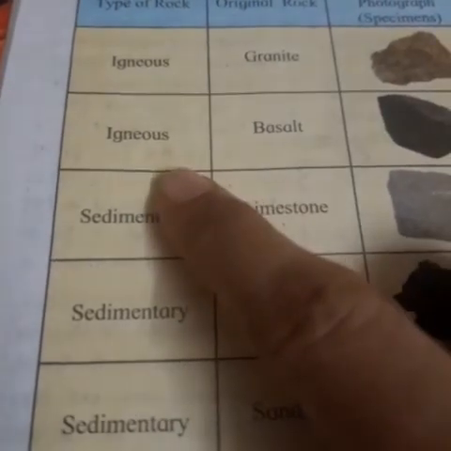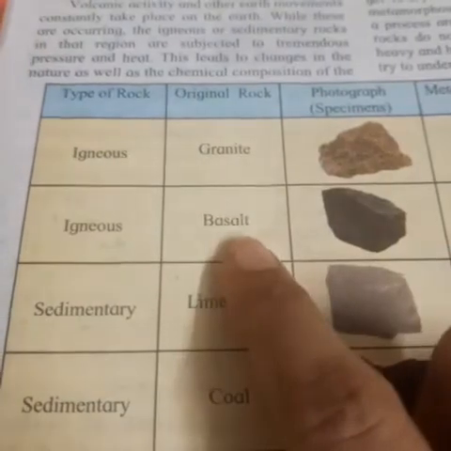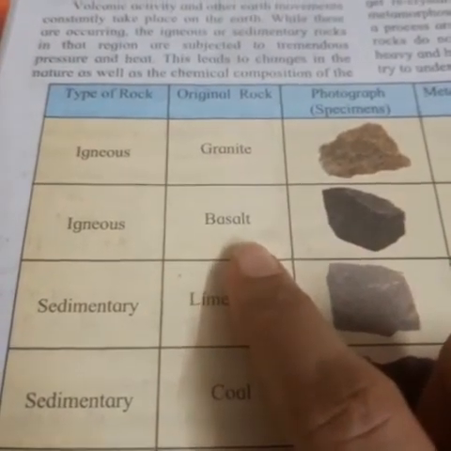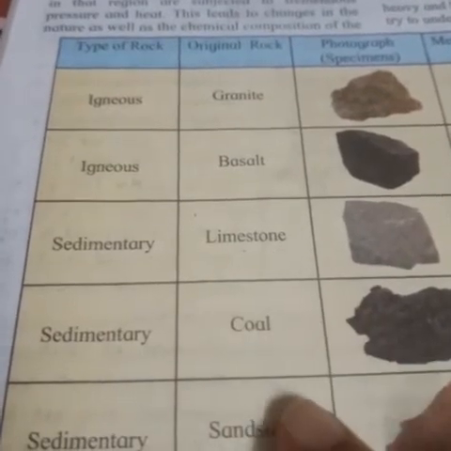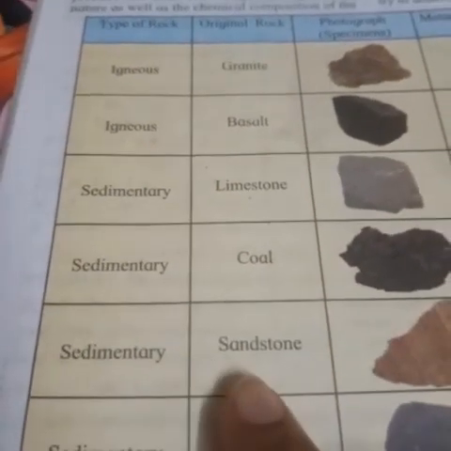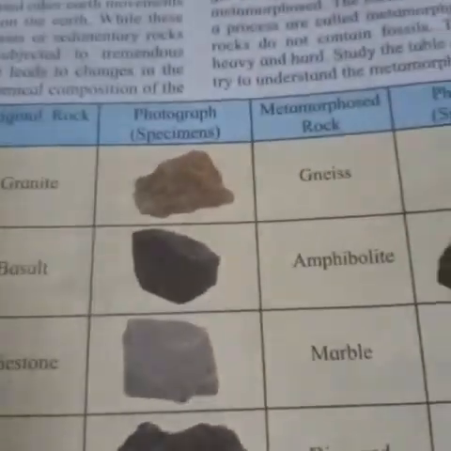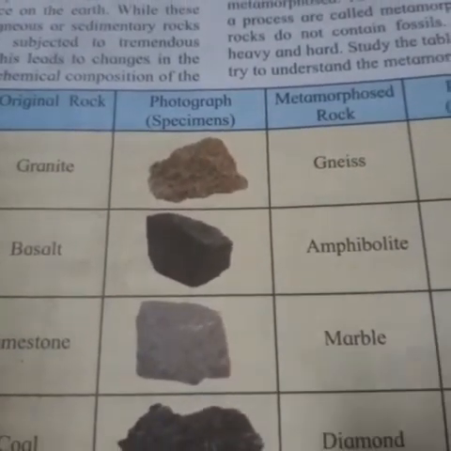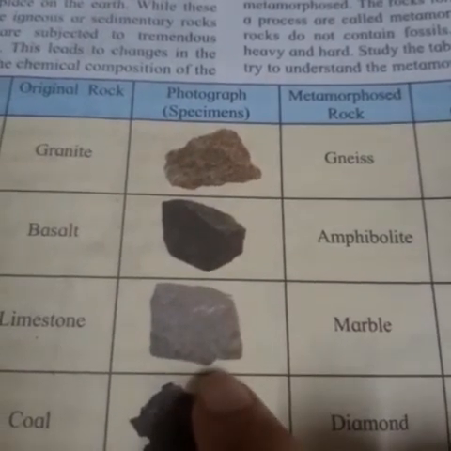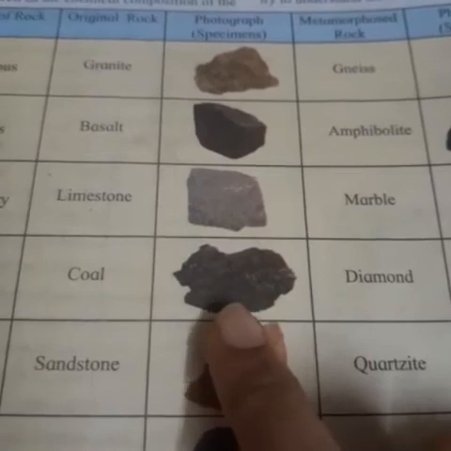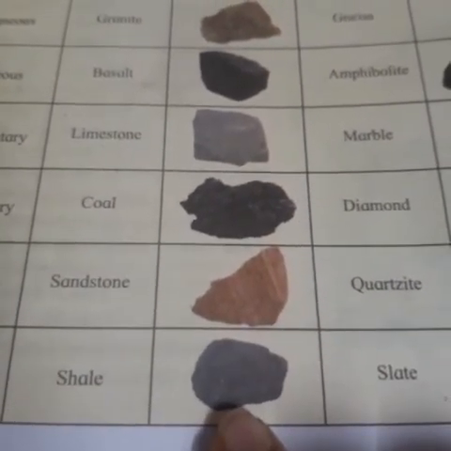They have given igneous rocks, types of rock, and this is the original rock: granite, basalt, then limestone. In the sedimentary they have given limestone and coal, then sandstone, then shale. Over here they have given the photographs of granite, basalt, limestone, coal, sandstone, shale.